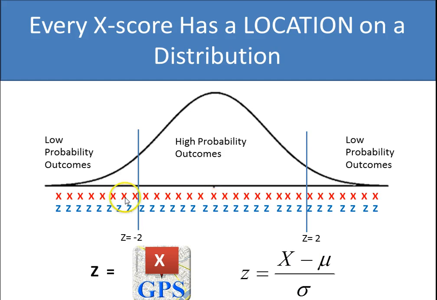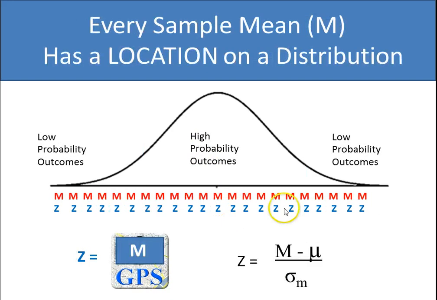So some x-scores are extreme or low probability outcome scores, and some x-scores are central and have higher probability outcomes. If you do remember that, then understanding this new distribution may be easier.